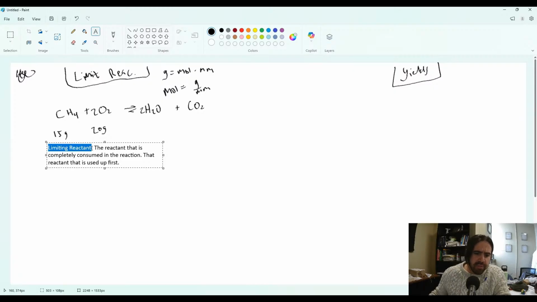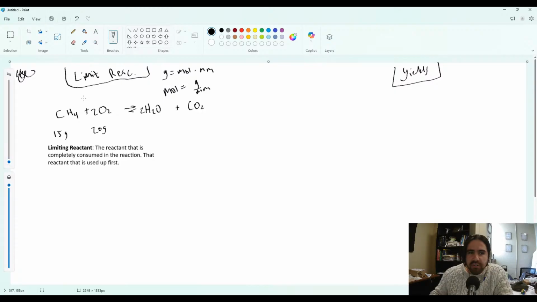Now, just from an intuition perspective, you may be like, well, okay, Dr. K, there's 20 grams of oxygen and there's 15 grams of methane. So intuitively, there's more grams of oxygen than there are grams of methane, so that means the methane should run out first, right?